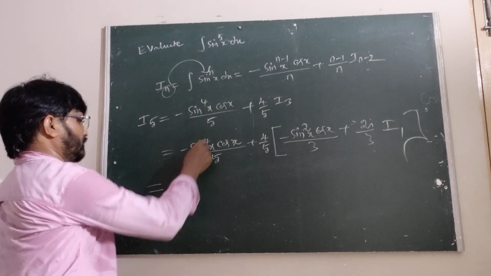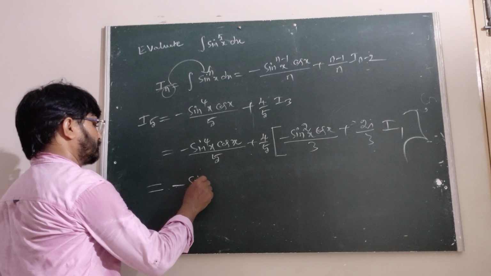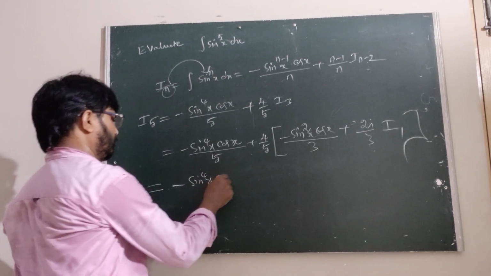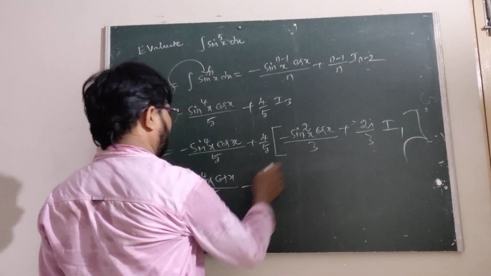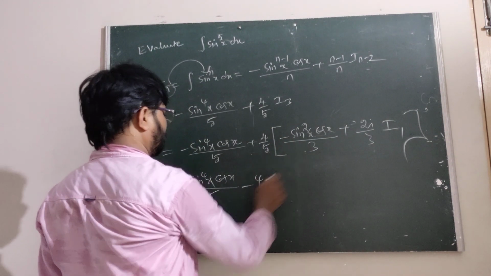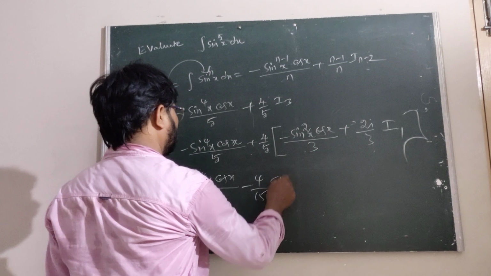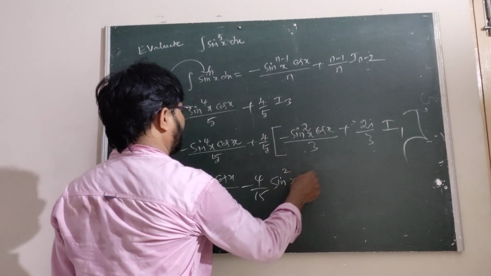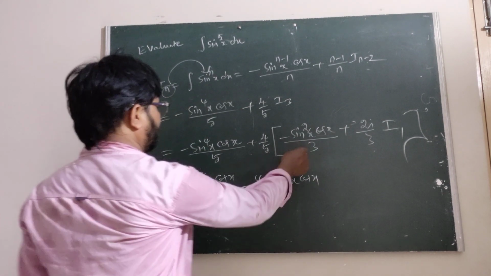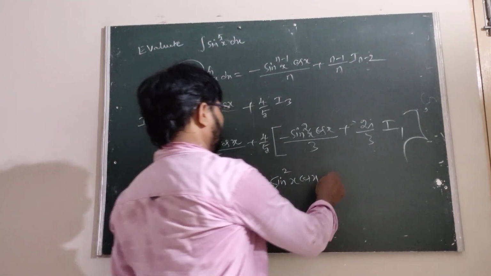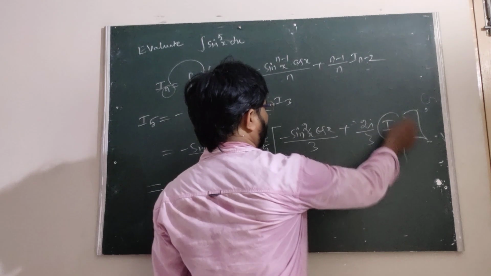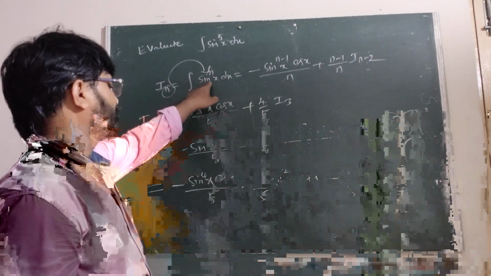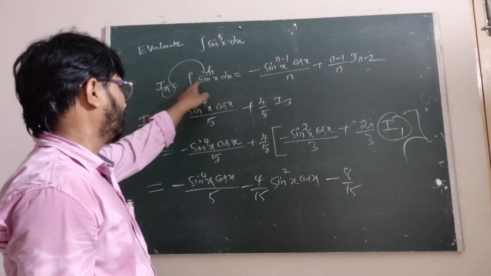Therefore, now this is minus sin^4 x cos x by 5, minus 4 by 5 times 3 is 15, sin square x cos x. Now we can write plus 4 twos are 8 by 15 into I_1. I_0 means x, since any power 0 is 1, and the integral of 1 dx is x.